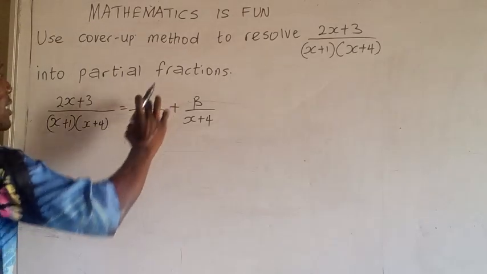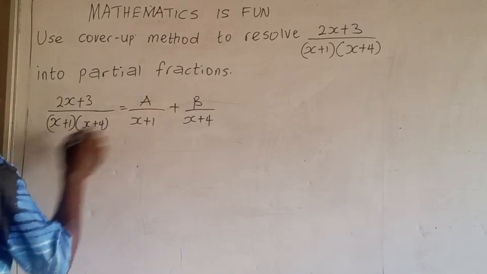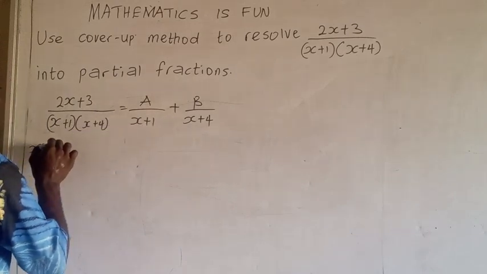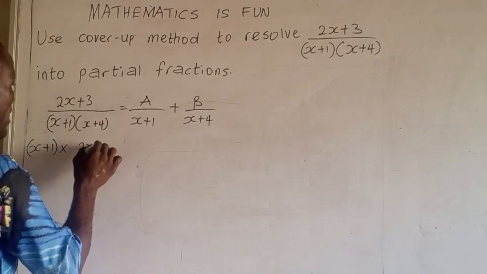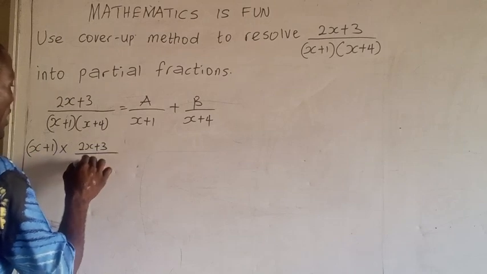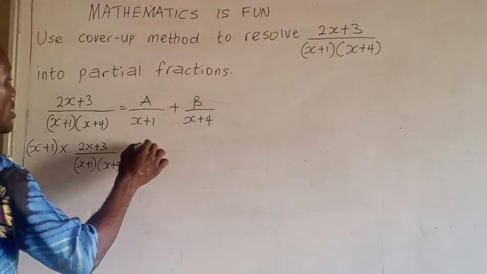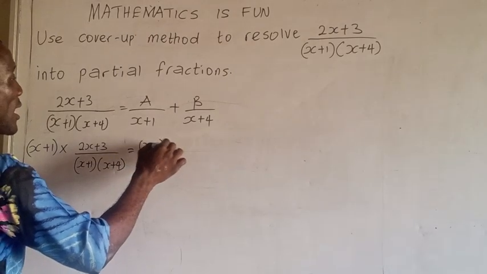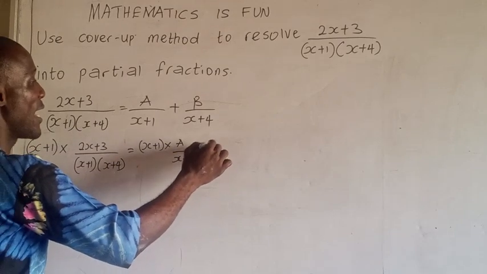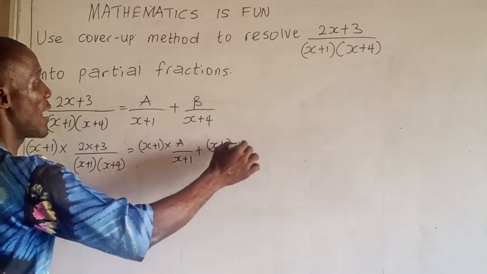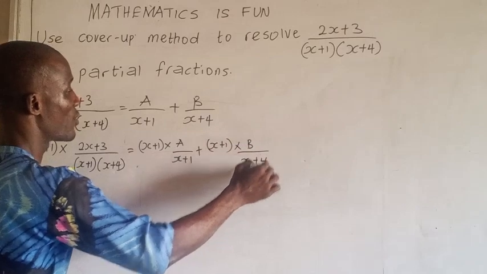In order to isolate A, all I need to do is multiply both sides by (x + 1). So we have (x + 1) times (2x + 3) over (x + 1)(x + 4) equals (x + 1) times A over (x + 1), plus (x + 1) times B over (x + 4).